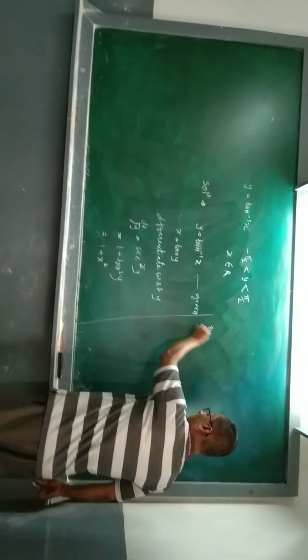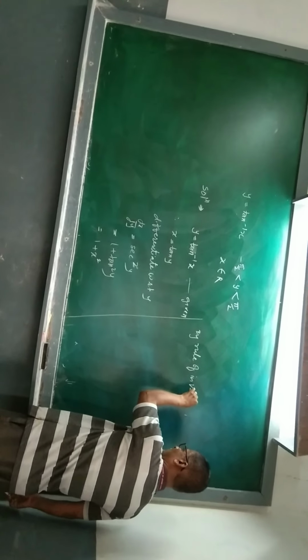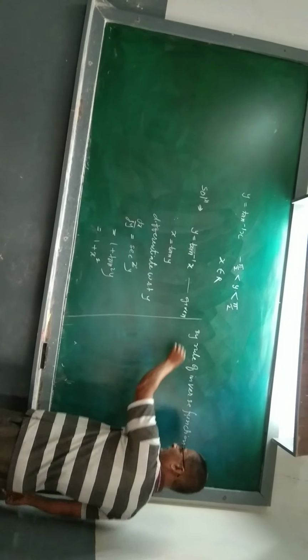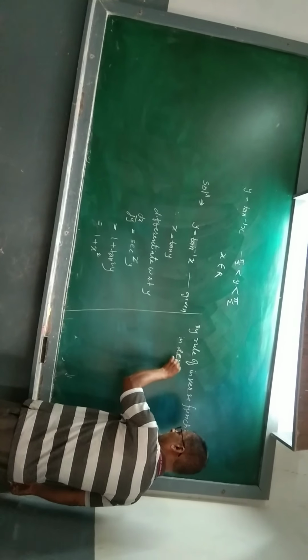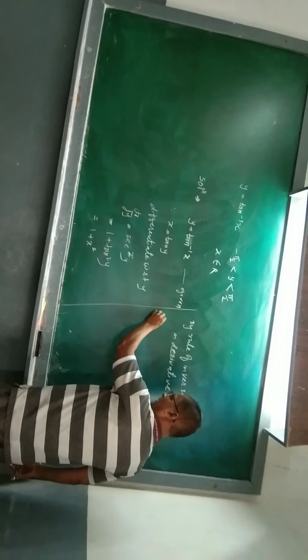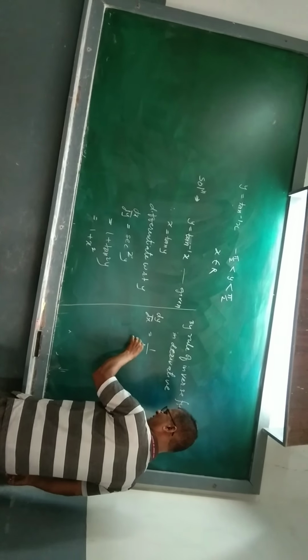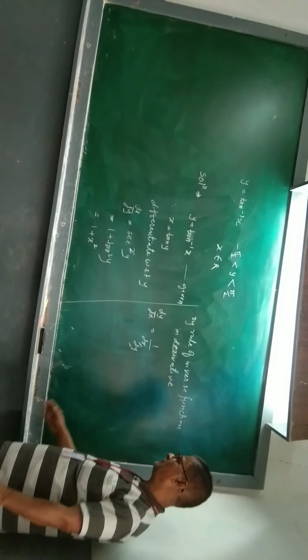By the rule of inverse function in derivative, dy upon dx is equal to 1 upon dx upon dy. This is the theorem of inverse function.